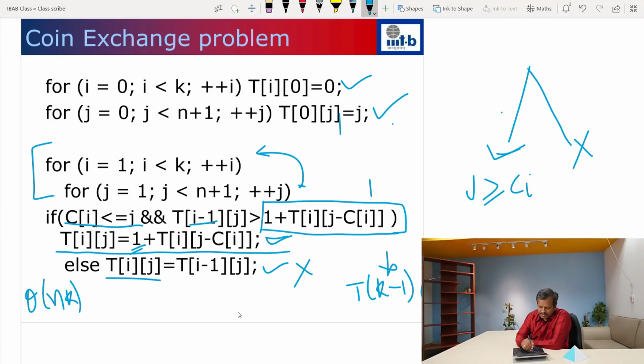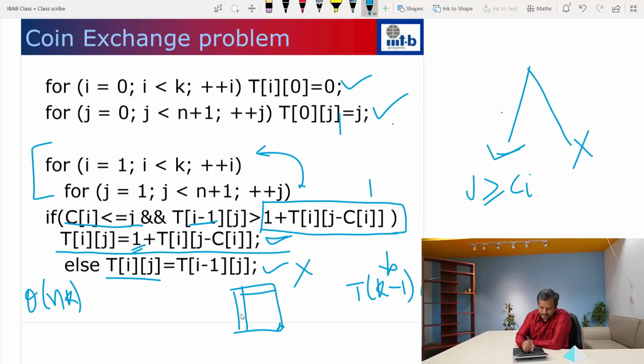In other words, in the table that I am writing, we have a matrix to be filled, right? We know how to fill the first column, we also know how to fill the first row, and the last entry, which is T of n comma k, the minimum number of coins required to pay for n using the first k coins, is the answer. You can fill this matrix either row wise or column wise.